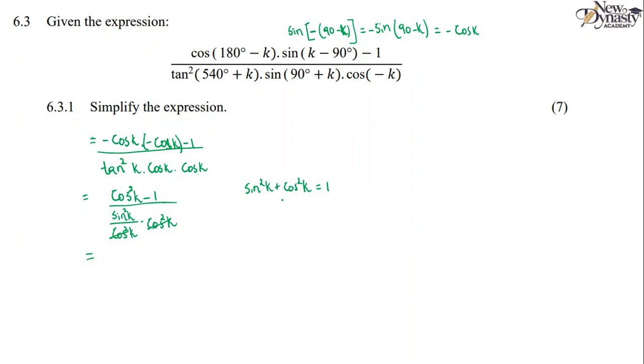Let's rewrite this. Let us leave cos squared k on this side and take 1 to the other side, so it's going to be negative 1. And take sine squared k to the other side, it's going to be negative.